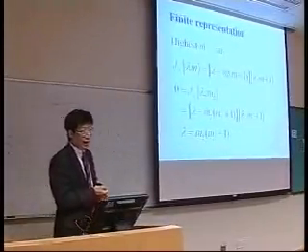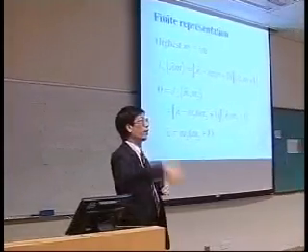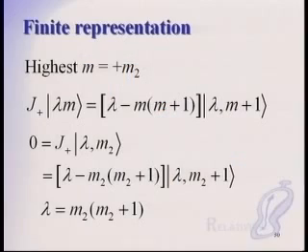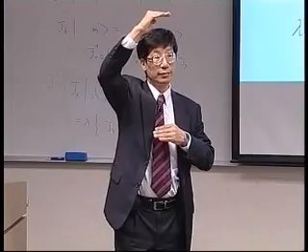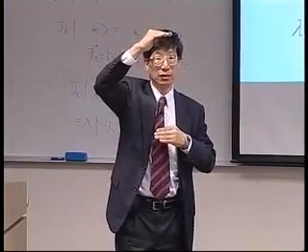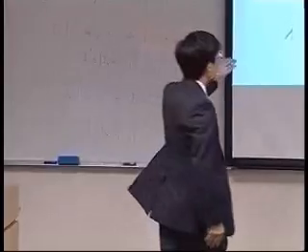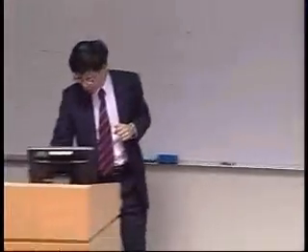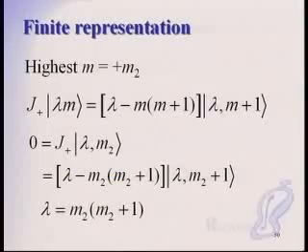Likewise, you can make the same argument for the highest possible state, which I call plus M2. The condition is that if I apply J plus to this state, trying to go up, I must get 0. That gives you a similar condition that lambda is M2 times M2 plus 1. Actually, the two equations are the same.